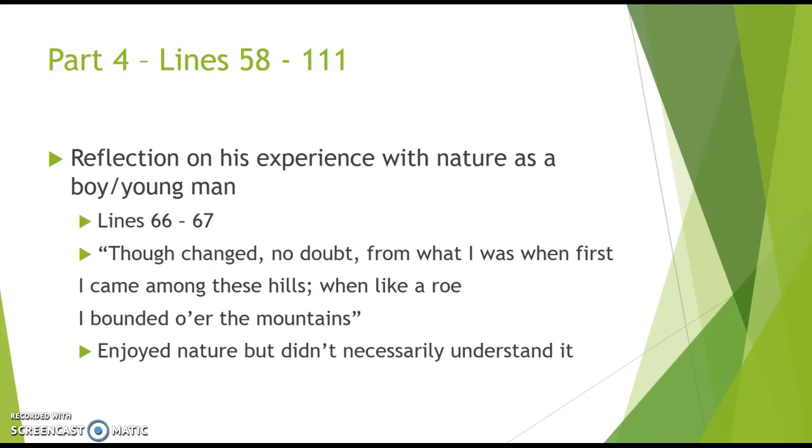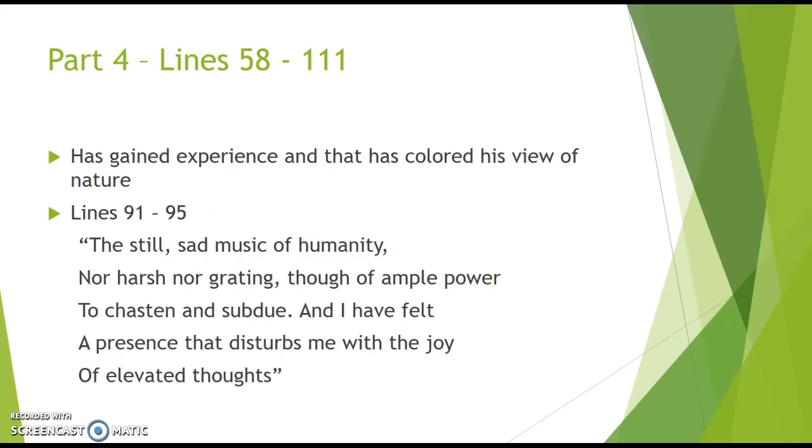So basically the idea of bounding over things and being excited to be out in nature and enjoying it, but not necessarily understanding it or reflecting on what nature can possibly serve as more than just something to run and climb all over.